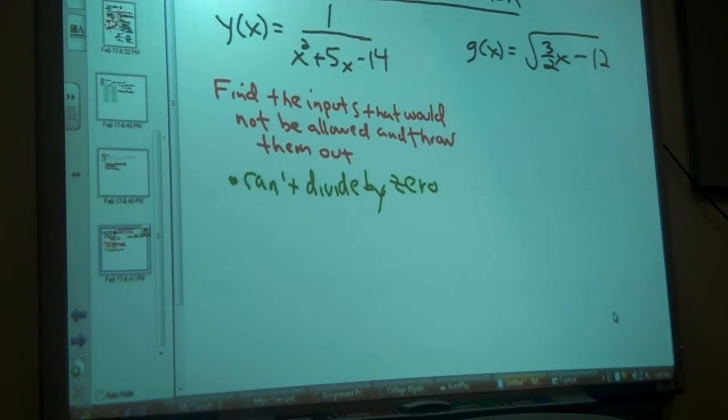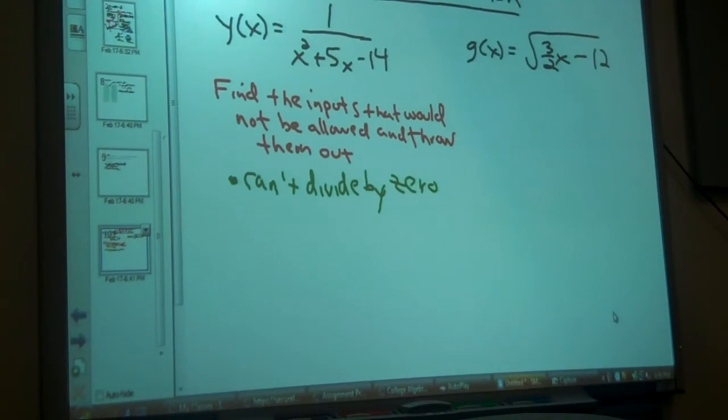Can't divide by 0. What makes you divide by 0? That's how it factors. I work with 2 numbers.